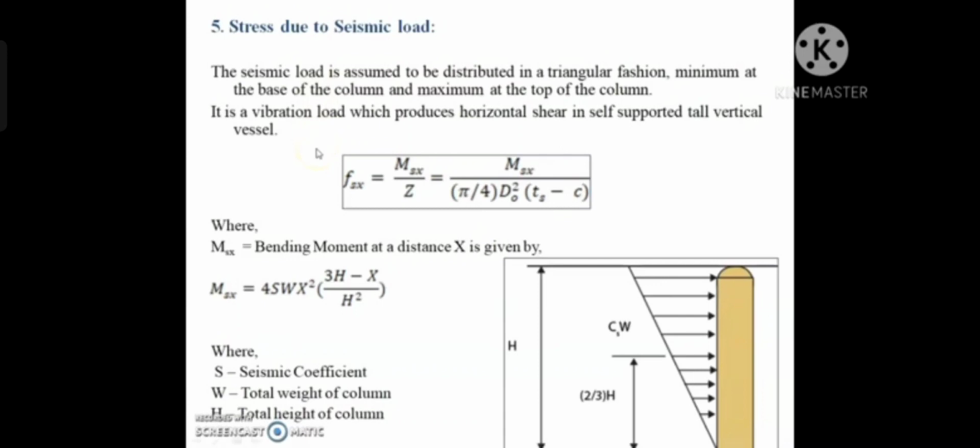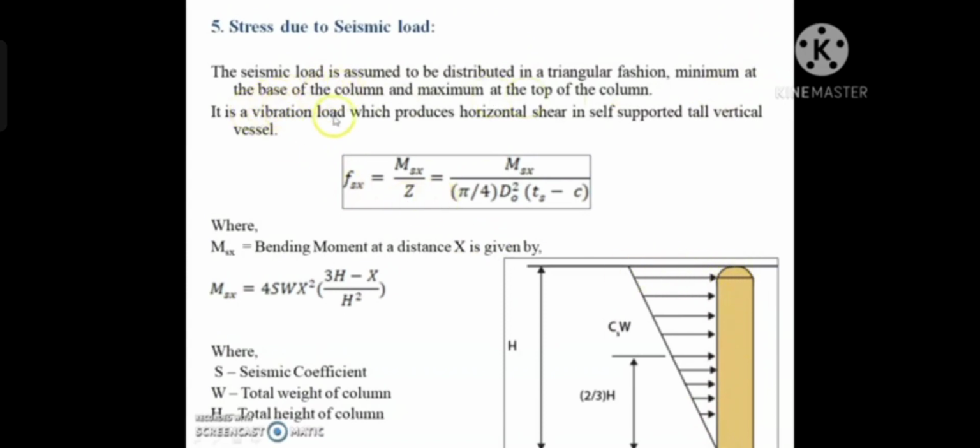We should consider only wind load, and the wind load and the seismic load are not considered simultaneously. The seismic load is assumed to be distributed in a triangular fashion as shown in the figure, because due to this seismic load, the tall vessel is subjected to vibration, which is minimum at the base of the column and maximum at the top of the column.